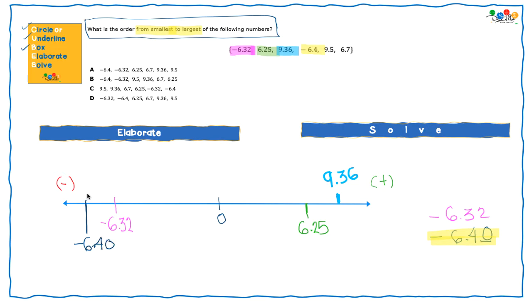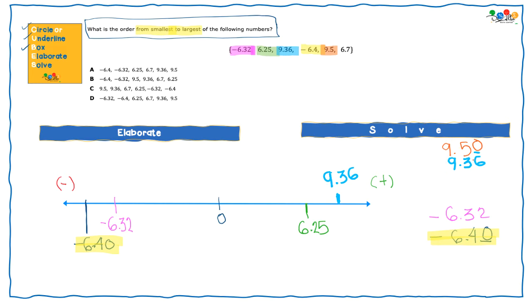I'm going to highlight that in this color. Awesome. I have another number. For this number, I'm going to use orange. This is positive 9.5. I'm going to compare 9.5 to 9.36. Notice that 9.5 is missing one digit, so I'll give it the same number of digits as 9.36.